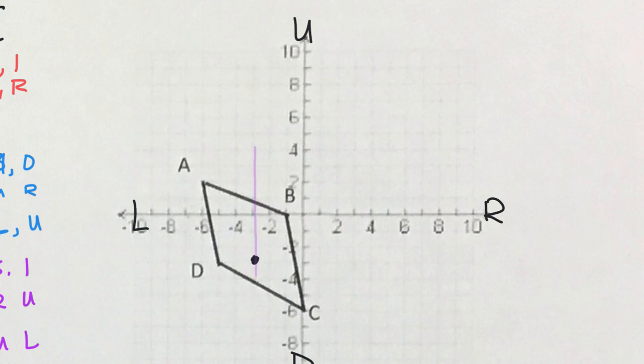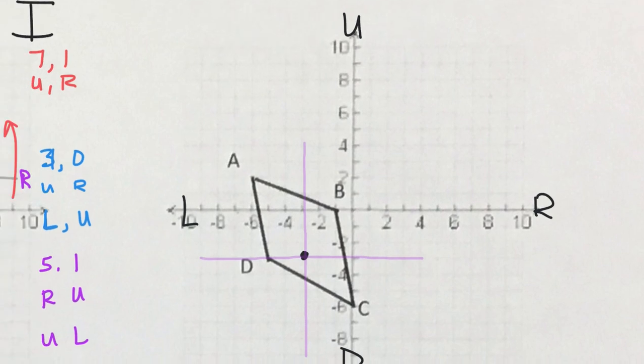Let's see if we really know what we're doing. Once again, we're going to count from our new origin. We're counting how far left, how far up, how far right, and how far down we are from your new origin point.